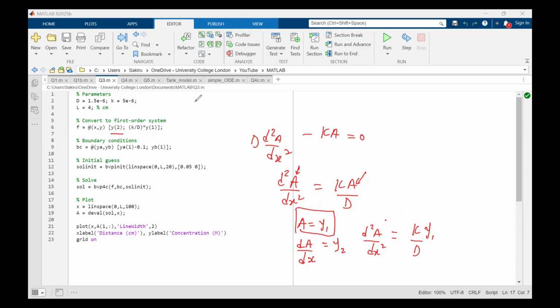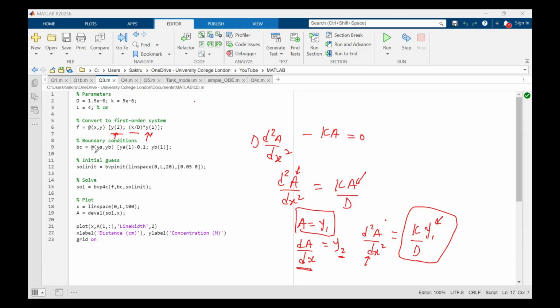It's going to return both the first order and the second order differential. The first order, dA dx, is y2, which is returned here, and then the second order is returned there, which is the right hand side: k over D multiplied by y1. So the function returns a vector of the first order and the second order derivatives.